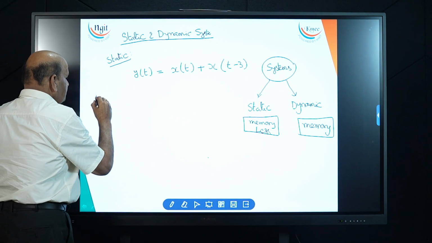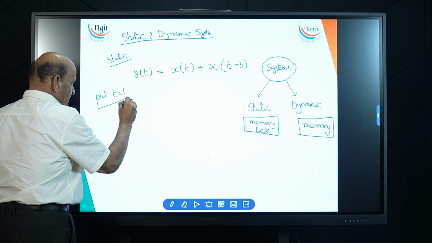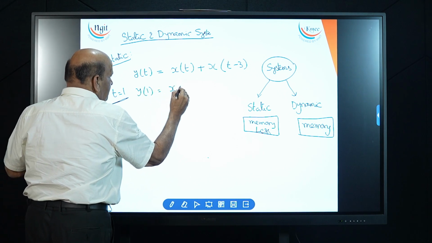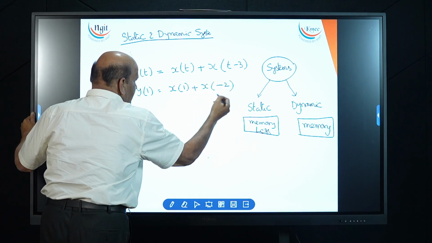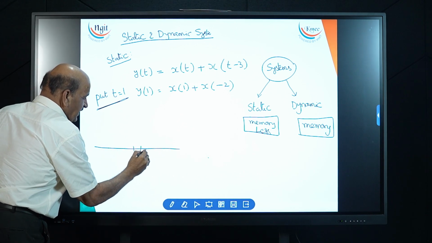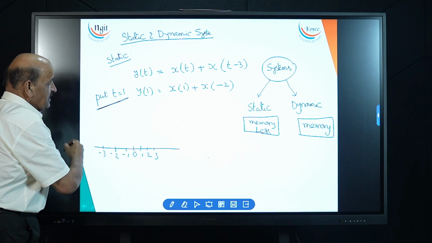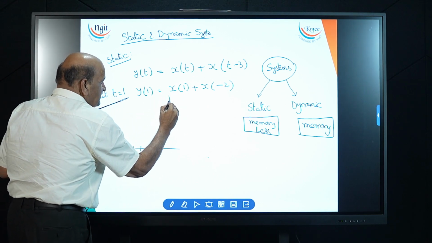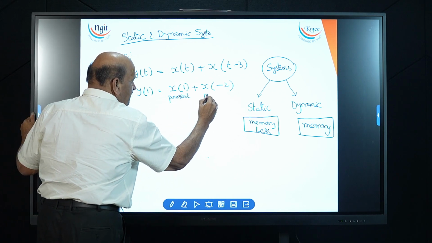For example, put t = 1, the present. Then y(1) gives x(1) + x(1-3), that means x(-2). On the scale, this is 0, 1, 2, 3, and going back, -1, -2, -3. x(1) is the present value, but x(-2) is a previous value.